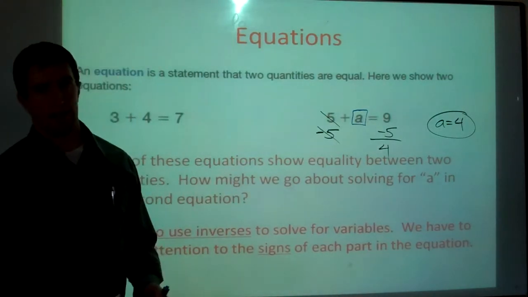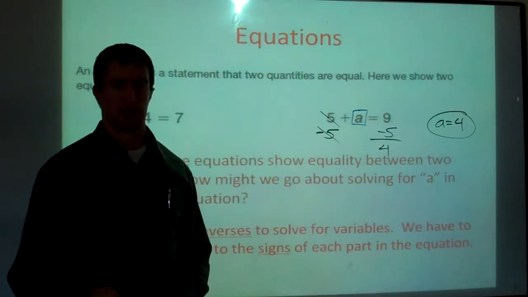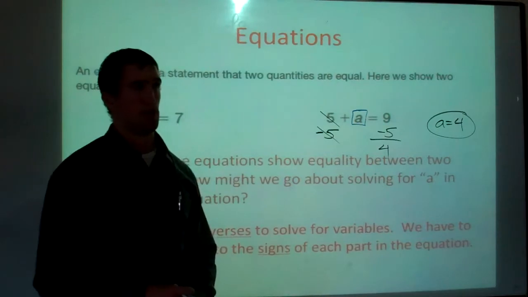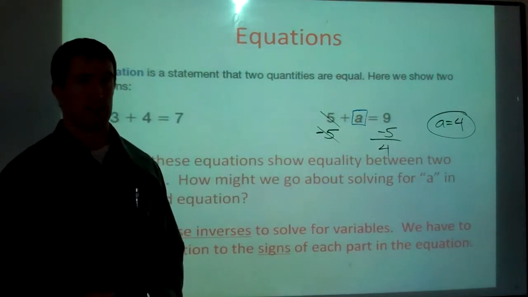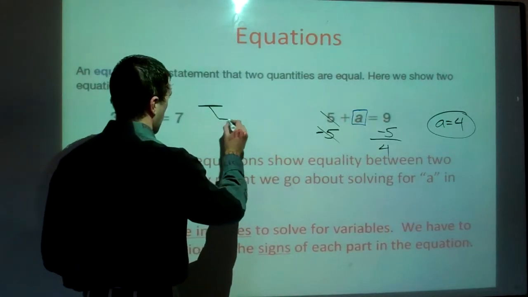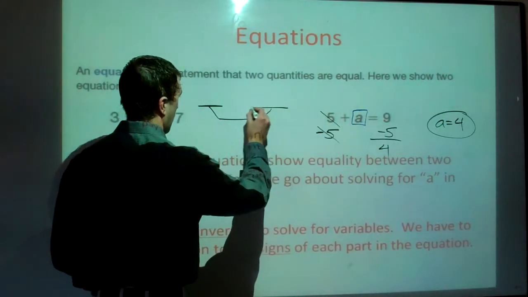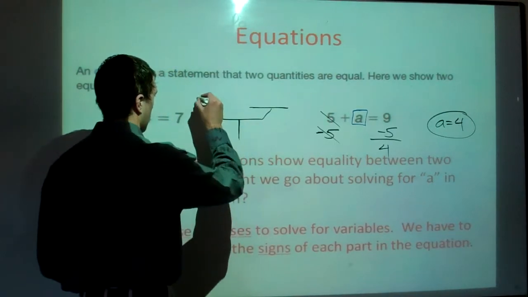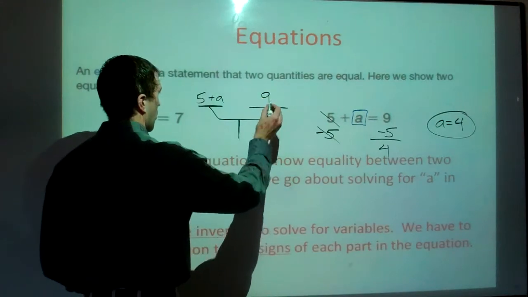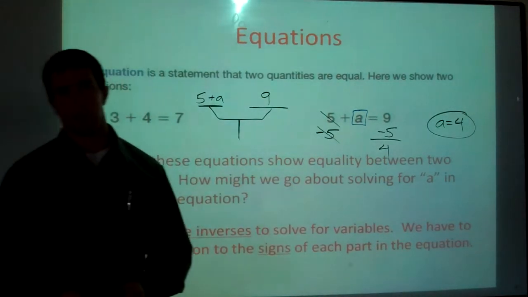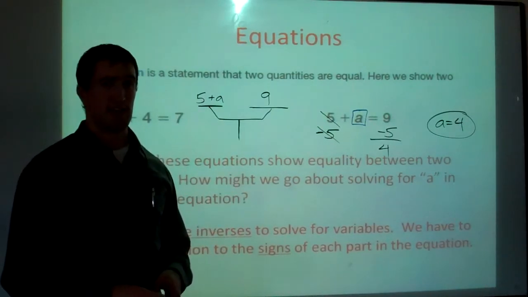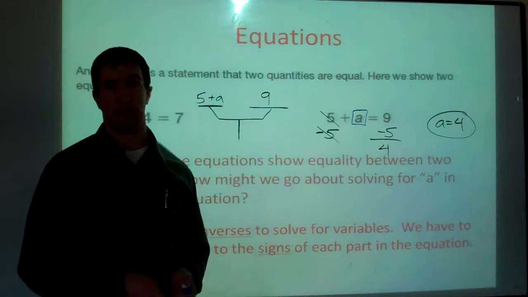Alright. And I still get a lot of questions as to why we have to do things to both sides of the equation. Well, there's a little diagram that I make that clears that up. This is my rendition of a balance beam. Right now, 5 plus a and 9 are in complete balance.